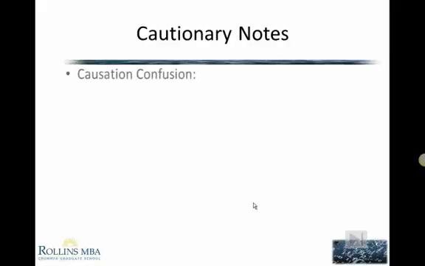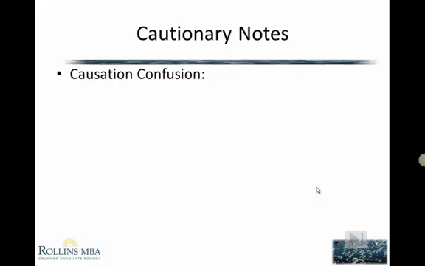A few cautionary notes. One of them is causation. We're going to come up with a mathematical equation that links our x value to our y value. It allows us to predict the value of y for any value of x. And with a little bit of algebra, we can predict the value of x for any given value of y.